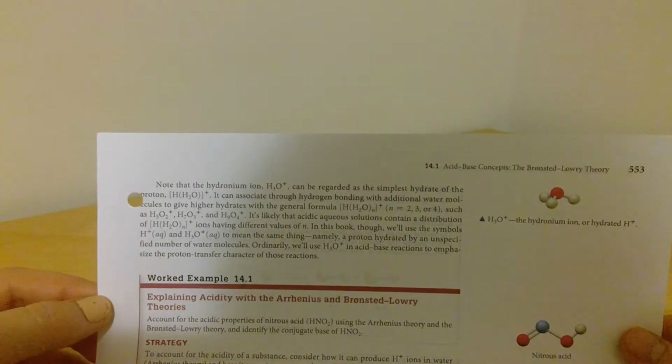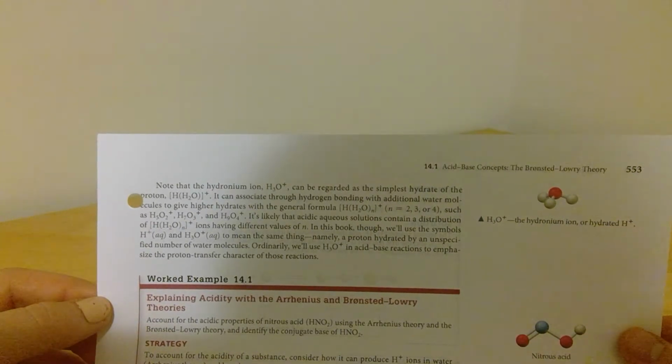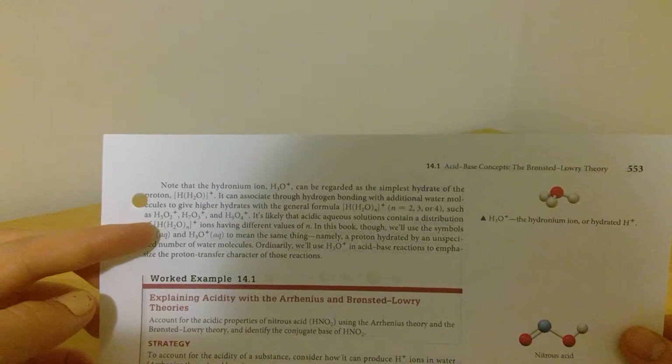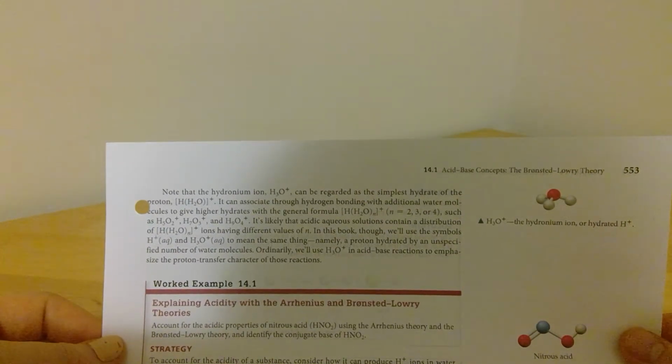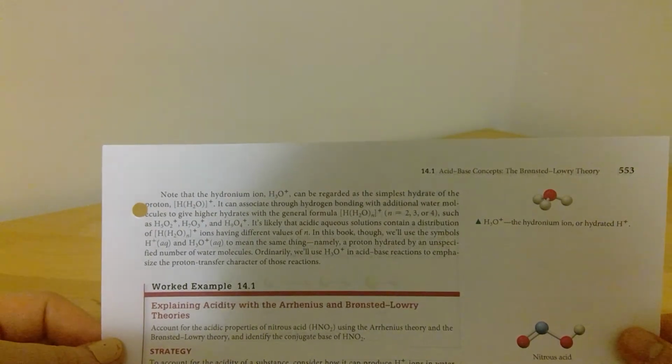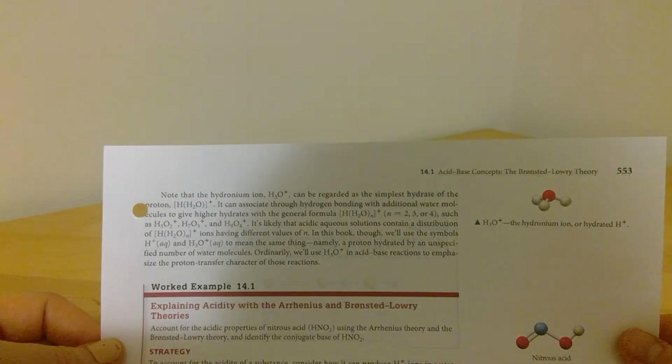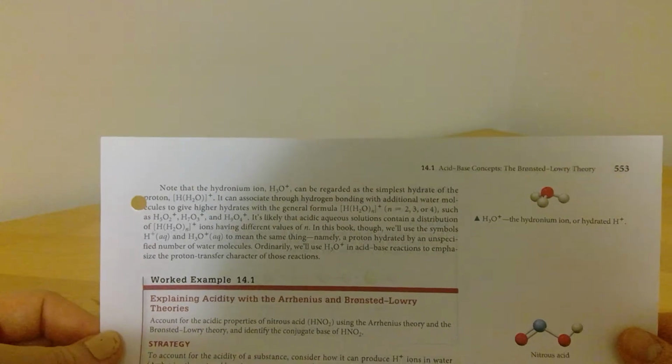It's likely that acidic aqueous solutions contain a distribution of these ions, having different values of n. In this book, we'll use the symbols H+(aq) and H3O+(aq) to mean the same thing, namely, a proton hydrated in an unspecified number of water molecules. Ordinarily, we'll use H3O+ in acid-base reactions to emphasize the proton transfer character of those reactions.